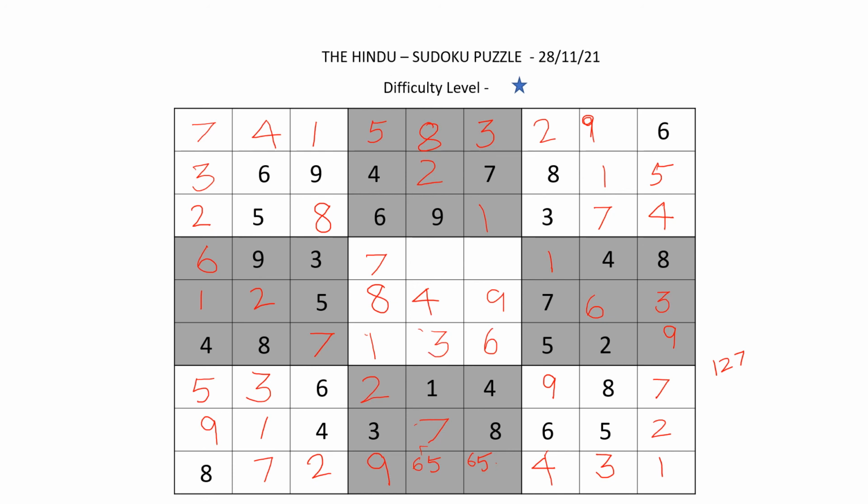Since this becomes a 6, this obviously becomes 5. And this cell takes 6.